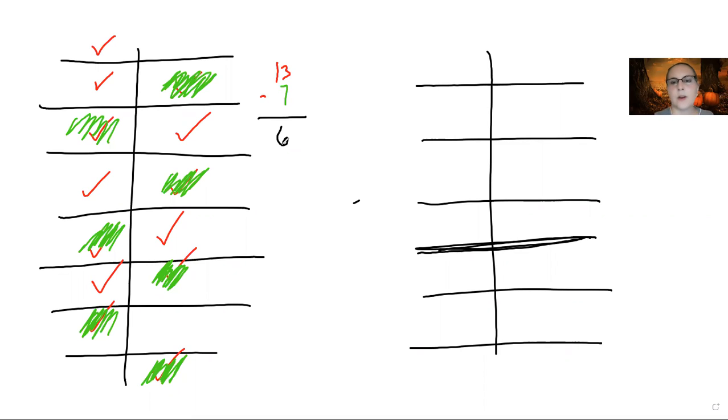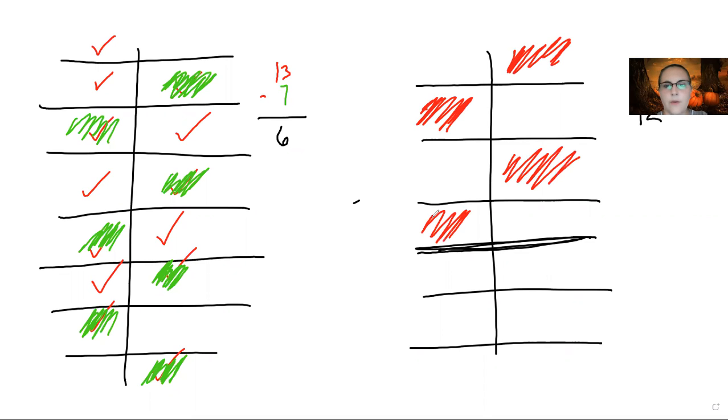Okay, in this one, I have 1, 2, 3, 4, 5, 6, 7, 8, 9, 10, 11, 12 parking spaces. And then cars fill up 1, 2, 3, 4, 5, 6, 7, and we'll go 8.